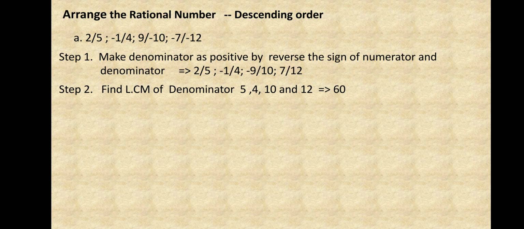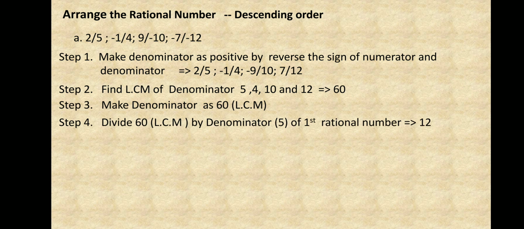And now at step 2, you are going to find the LCM of the denominators, which are 5, 4, 10 and 12. And what do you get? You get 60. And at step 3, this 60, which was the LCM, will be your denominator. Step 4 is to divide this 60 by denominator 5, which is of the first rational number. And what do you get? You get 12.